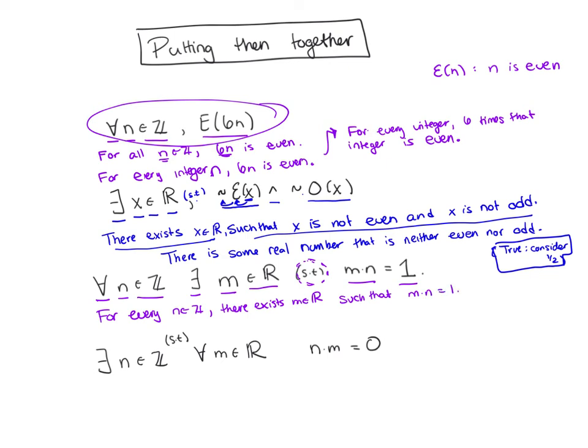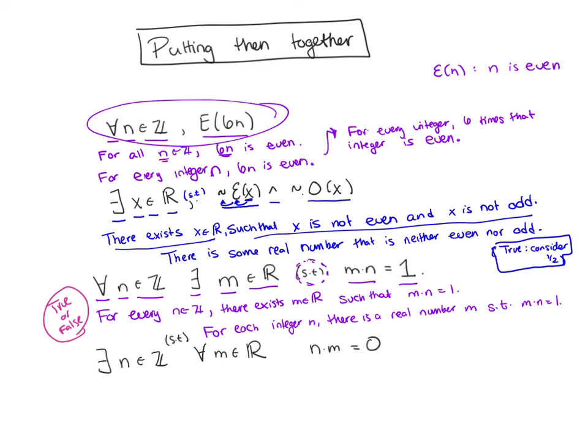Or I could say, for each integer n, there is a real number m such that m times n is 1. And I want you to think about if this is true or false, and we'll talk about that in class.